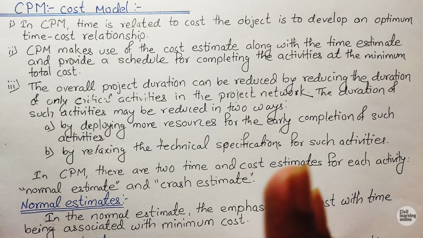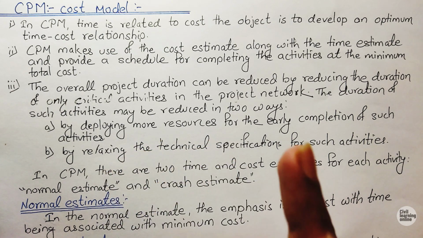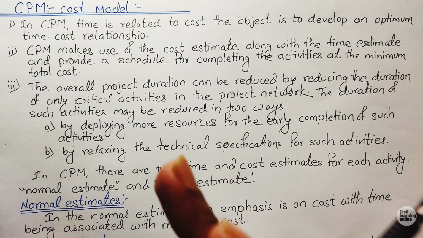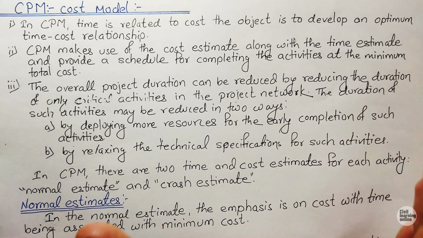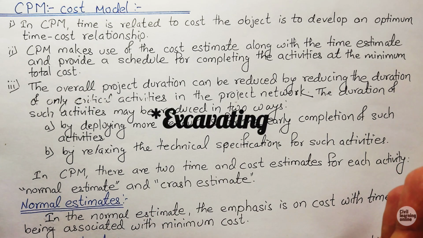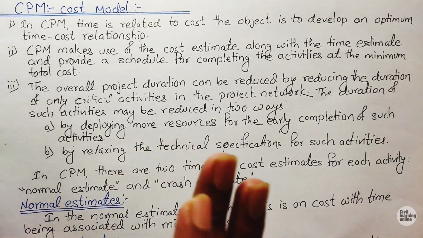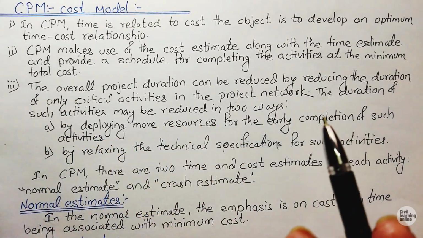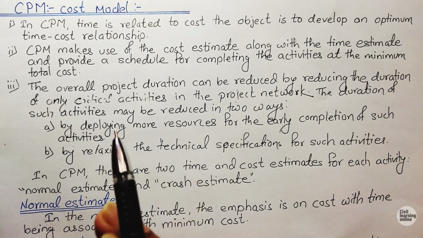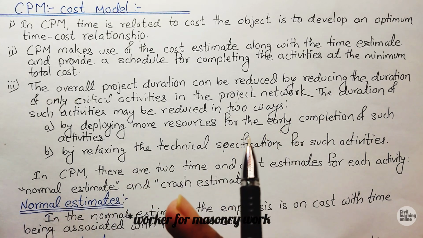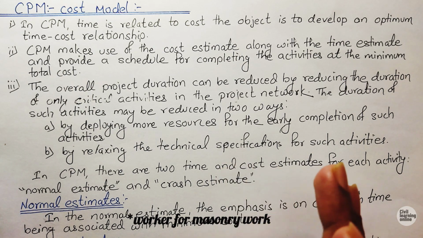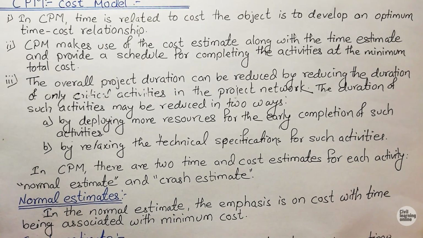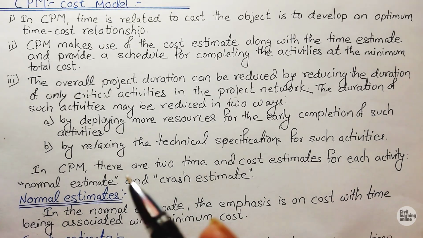In that case, if we add some workers, suppose 15 workers, then it is sure that our overall duration for the 100-meter trench will be reduced. Workers are resources for us, or if we are using some machinery for the excavation work, then that is also our resource.